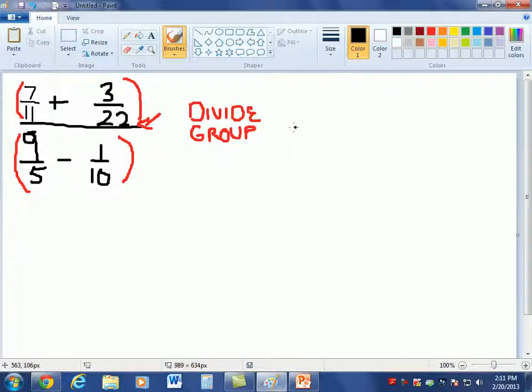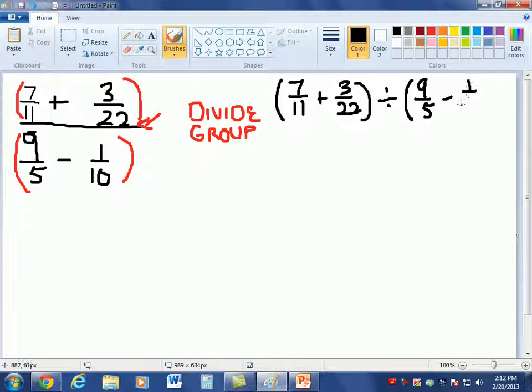And so we can change this problem into 7/11 plus 3/22 divided by 9/5 minus 1/10. Still looks pretty gruesome. Got to admit that.